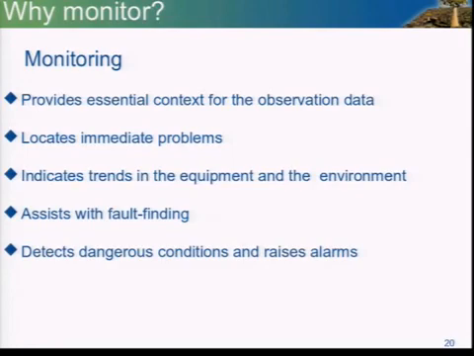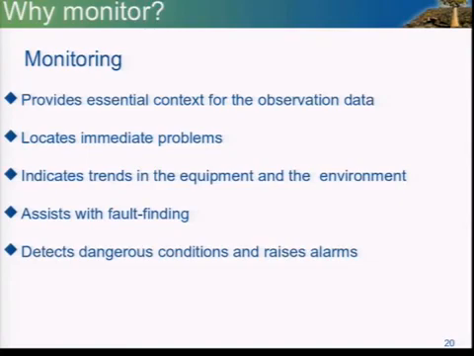Another reason for monitoring is that we need to be aware of equipment trends, equipment failures, weather patterns, and I think Neil mentioned that if the wind speed exceeds a certain threshold, the antennas must be stowed, which is, I sometimes see them in a fully upright position. That's the safest configuration for them. We have a system of alarms which is activated when, for example, the temperatures of the equipment get too high.